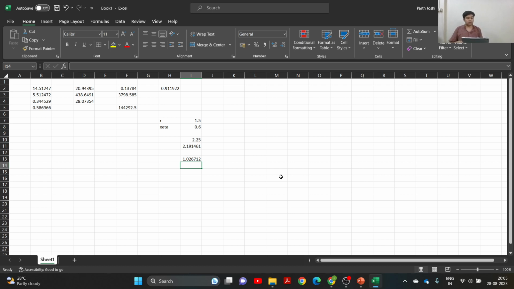So we can equate this to the equation for the vibration measuring instrument, which is equal to r square upon the square root of (1 minus r square) whole square plus (2 zeta r) whole square. Here it has been given that the damping is negligible.